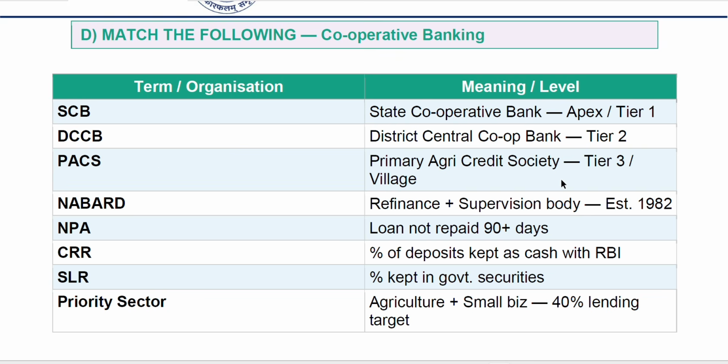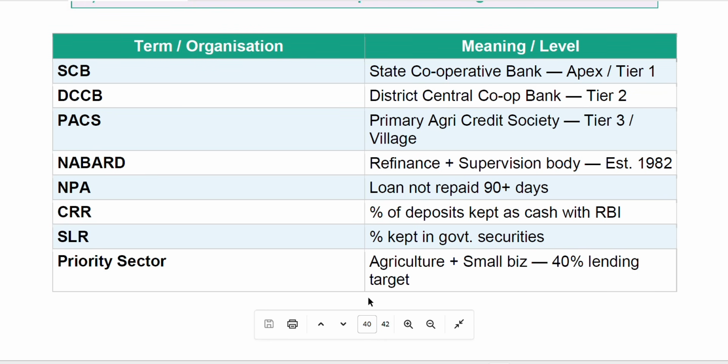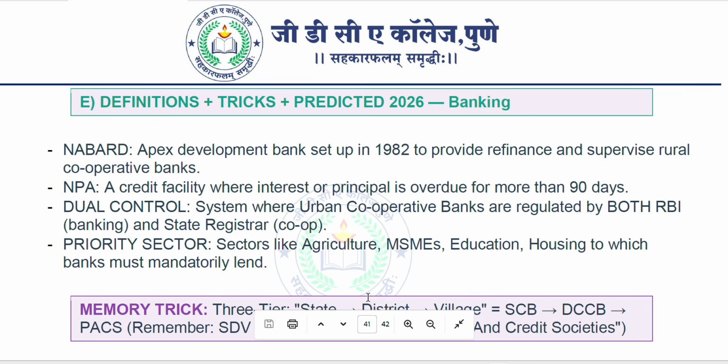PACS, Primary Agricultural Credit Society, Tier 3, village level. NABARD, refinance and supervision body, established 1982. NPA, loan not paid, 90 plus days. CRR, percentage of deposits kept as cash with RBI. SLR, percentage kept in government securities. Priority sector, agriculture plus small business, 40% lending target.